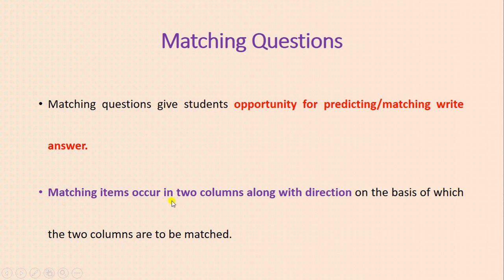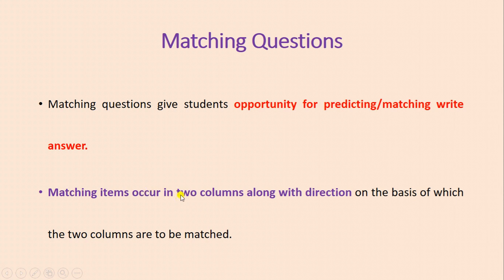Matching items occur in two columns, my dear students. How can we write matching type items? Matching items occur in two columns along with directions.